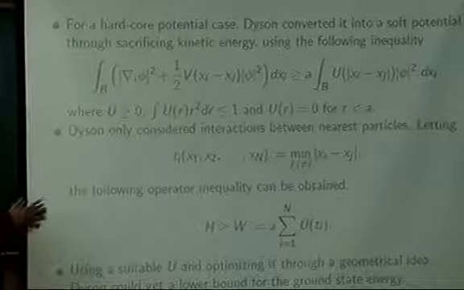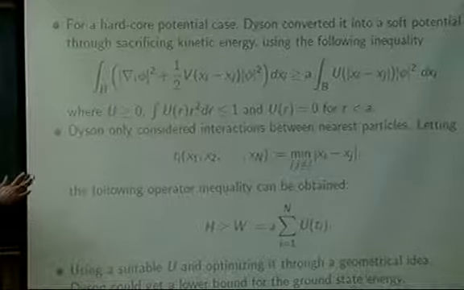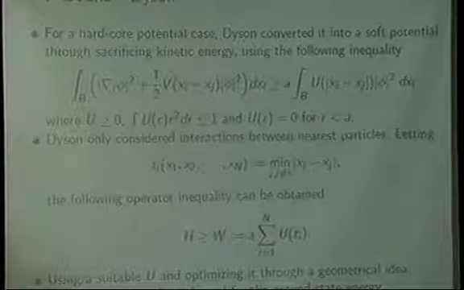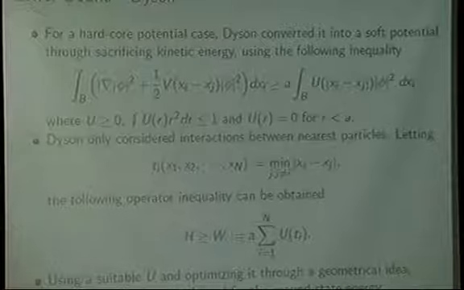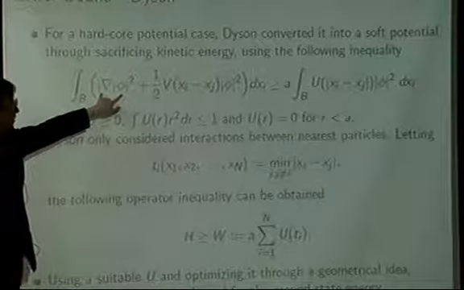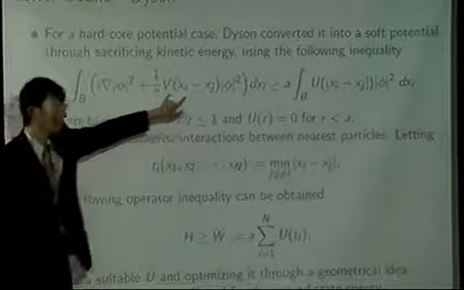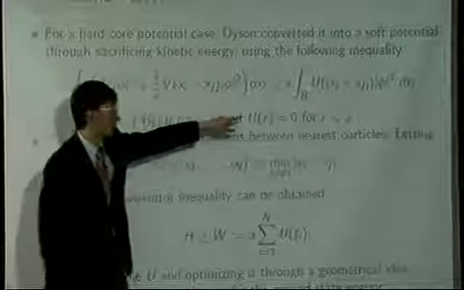Dyson was the first person who tried to find the lower bound for this problem, and he only considered a hardcore potential. What he did was to convert this kinetic energy and this potential into a different type of potential.